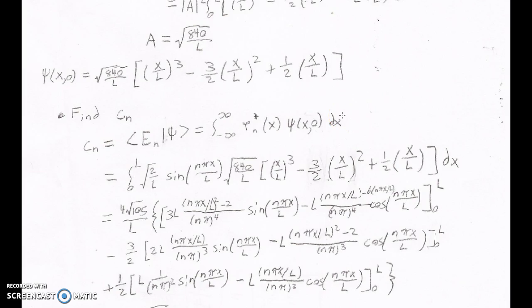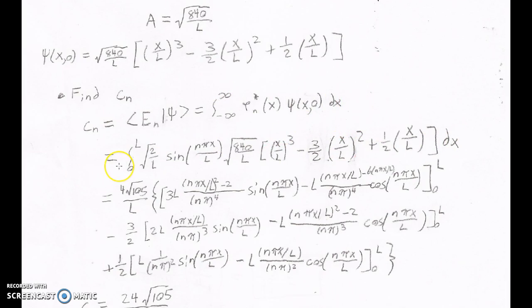This is our energy eigenstates, defined as the square root of 2 over L sine n pi x over L. Then we plug in our psi(x, 0) from up here, make sure it's the normalized one, times dx.